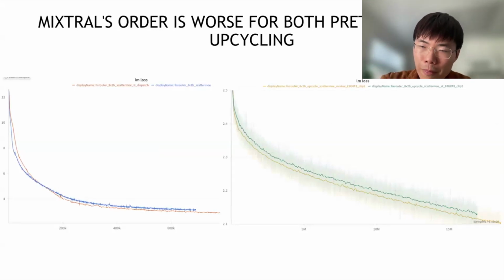The Mixtral style is the green line, and if you do the Switch Transformer style router with our scaling factor, the loss is slightly lower than Mixtral style. If you don't do this, it will lead to catastrophic forgetting, and the loss is as if it's random, which would start from somewhere like 12 and slowly go down.